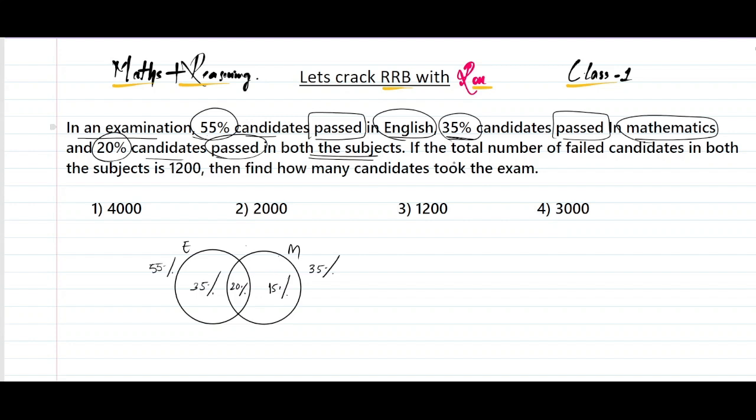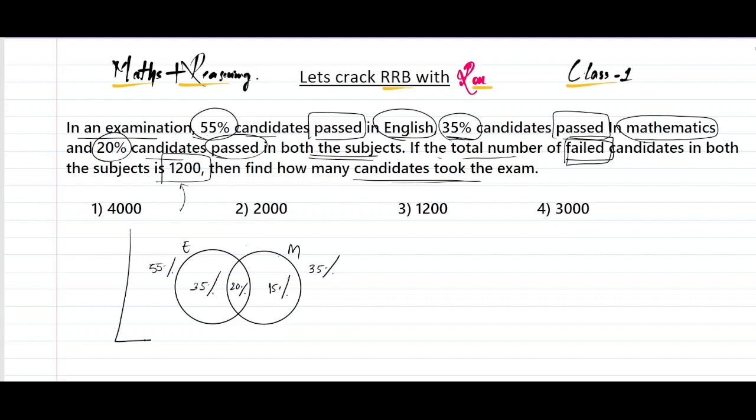Next part of the question. The total number of candidates who failed in both the subjects is 1200. They asked us to find how many candidates took the exam, meaning the total number of candidates. Listen carefully.